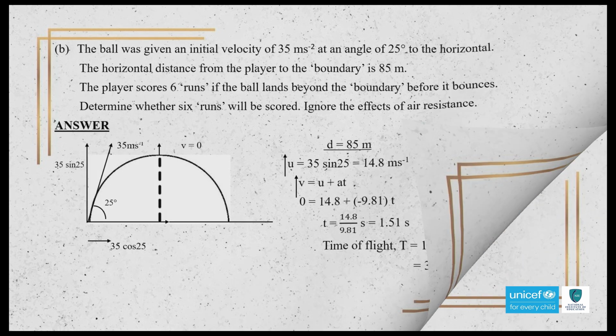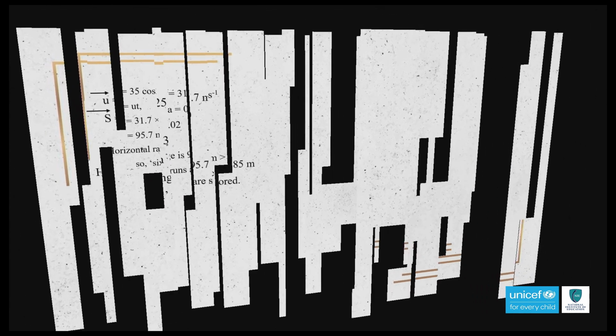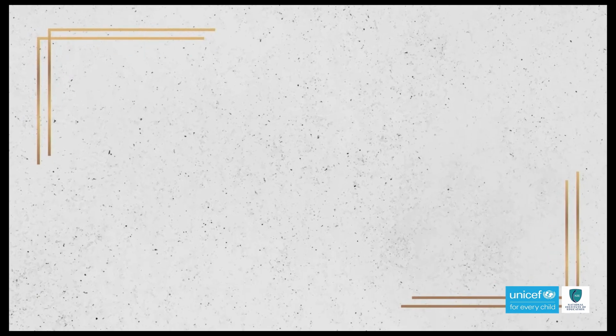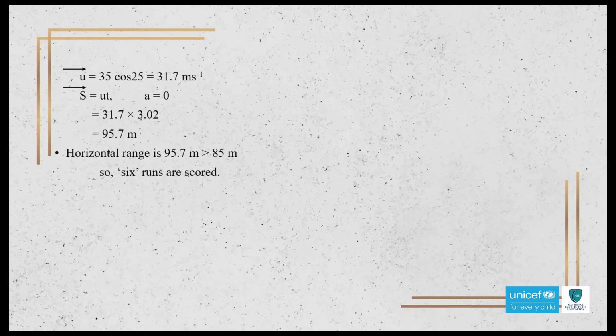Then we can work out the horizontal range, S equals ut, u will be 35 cos 25 and time will be the time of flight 3.02, 95.7 comes. It is greater than 85, so 6 runs scored. You can see that the horizontal range 95.7 is greater than 85, so the player has scored the 6 runs.